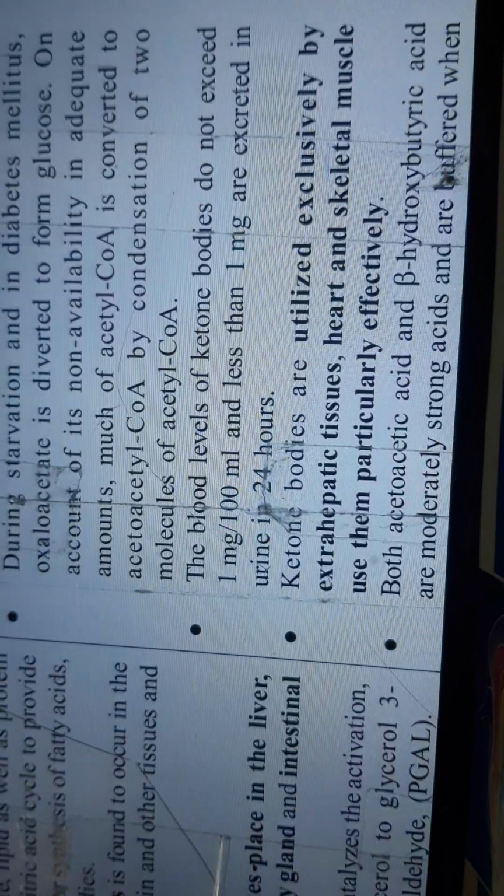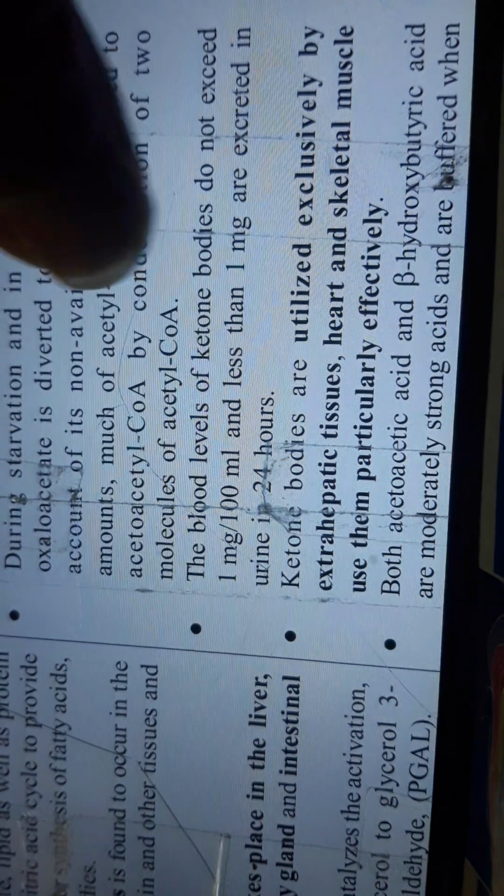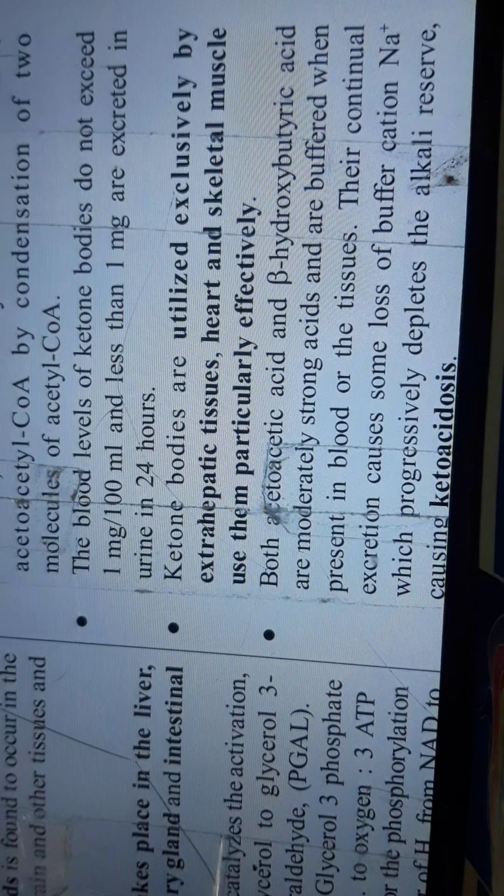During starvation and in diabetes mellitus, oxaloacetate is diverted to form glucose. On account of its non-availability in adequate amounts, much of the acetyl-CoA is converted to acetoacetyl-CoA by condensation of 2 molecules of acetyl-CoA. The blood levels of ketone bodies do not exceed 1 mg per 100 ml, and less than 1 mg is excreted in urine in 24 hours.